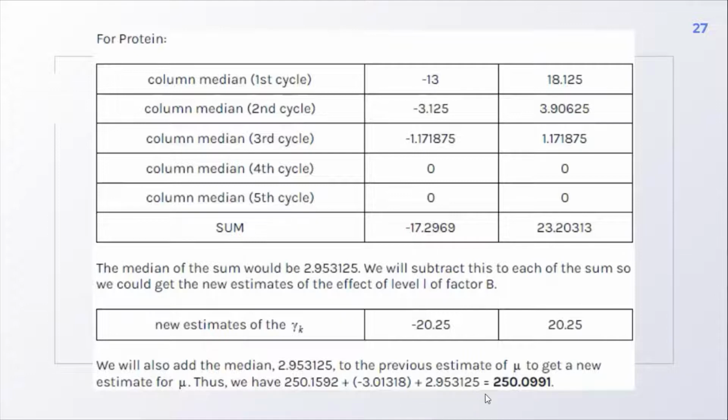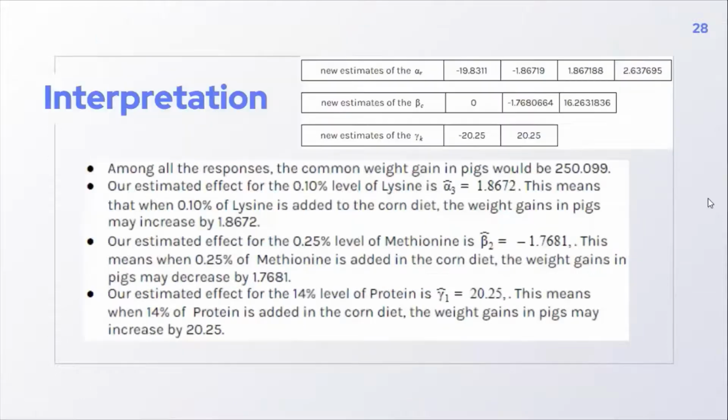Thus, our overall value would be 250.099. After median polishing, including the estimate for the overall value, we also have these effect estimates.